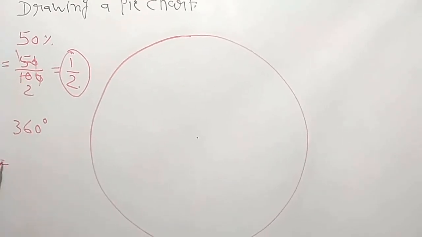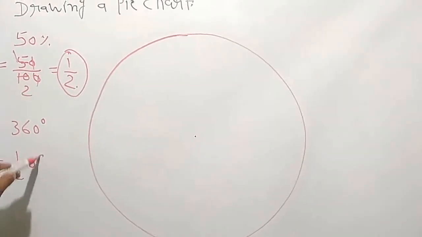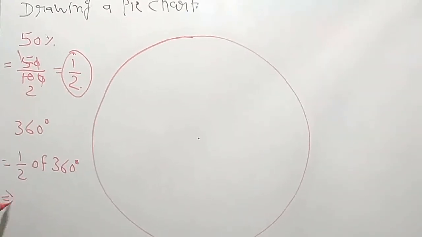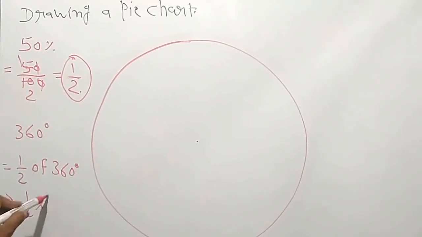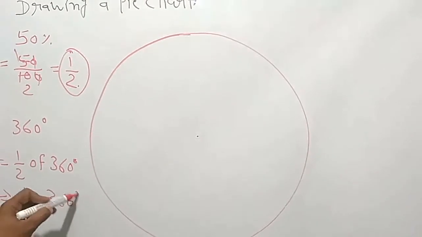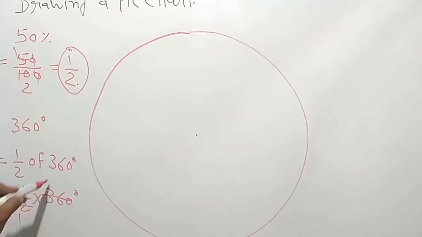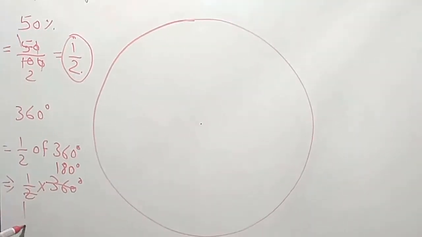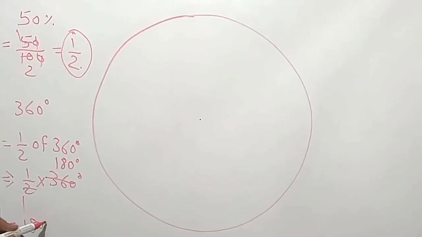So 1 by 2 of 360 degrees is equal to 1 by 2 multiplied by 360 degrees. 2 1s are 2, 2 8s are 16, 2 0s are 0. So it is 180 degrees.